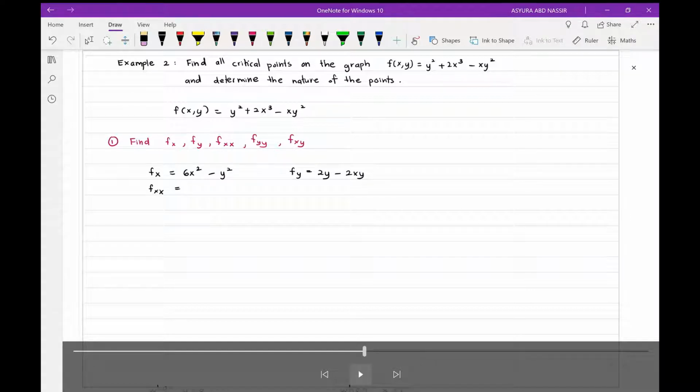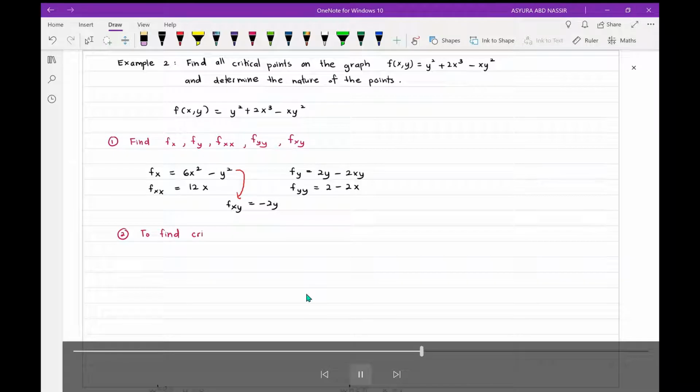Your fxx you will get 12x. And your fyy you will get 2 minus 2x. And your fxy you will get negative 2y. Don't forget it must come from the fx. Okay, next step. Continue with step 2.